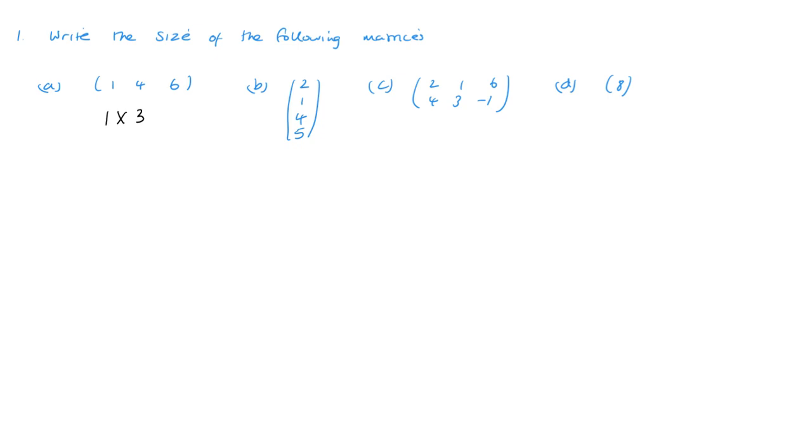The second one is 4 rows, 1 column. This third one is 2 rows and 3 columns, and this fourth one is 1 row and 1 column.